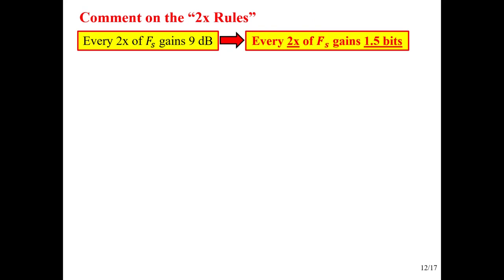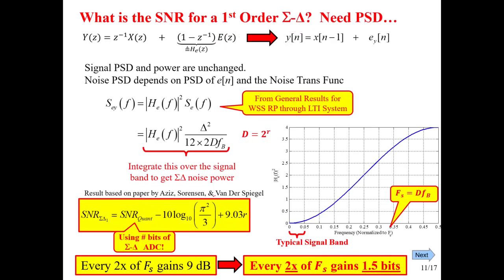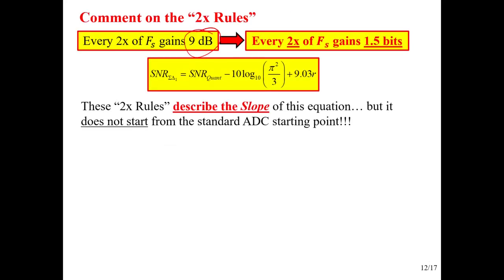And again, I just want to comment on this 2x rule because there's a danger to think, oh, my regular A to D converter starts here and then I keep getting this 2x rule, a gain of 9 dB every time I double. That's forgetting this penalty factor. So this 2x rule describes the slope, but not the starting point.